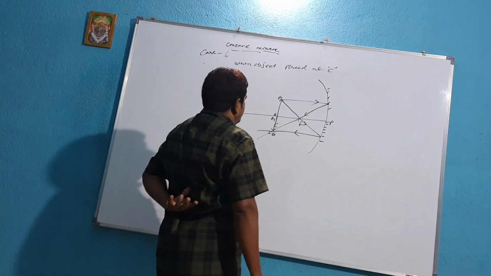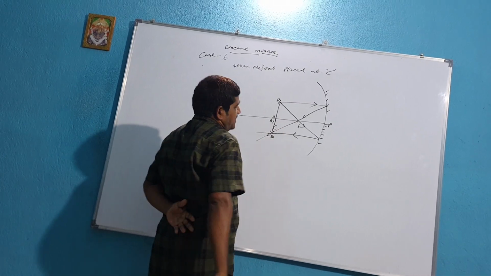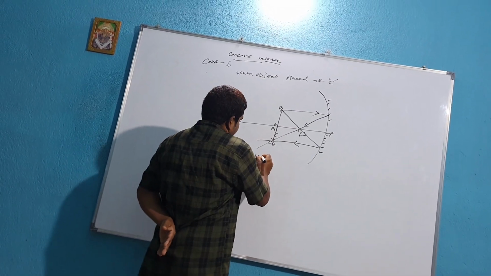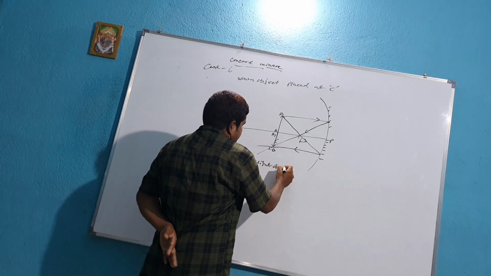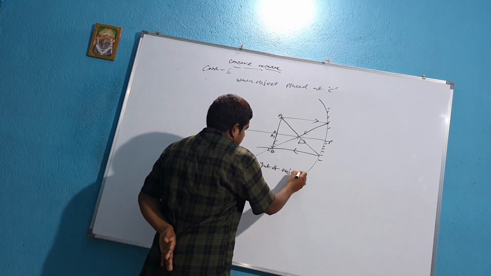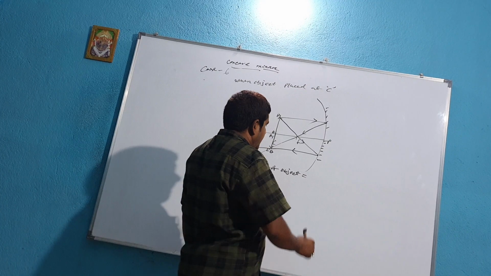Then height of the object and image relation. Height of object equal to height of image.